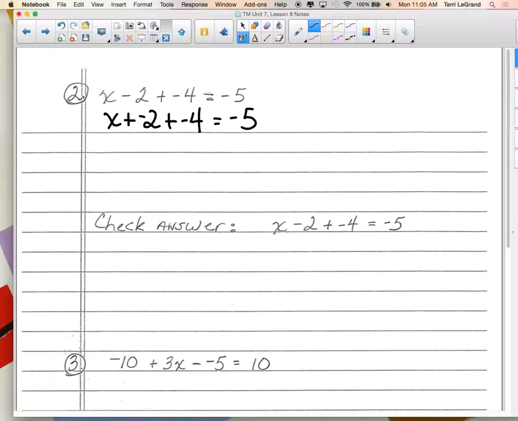They're on the same side. Harley? -2 and -4. They're on the same side, so they're like terms. When they're on the same side, we call them like terms. So we have x plus what? What's -2 plus -4? -6 equals -5.